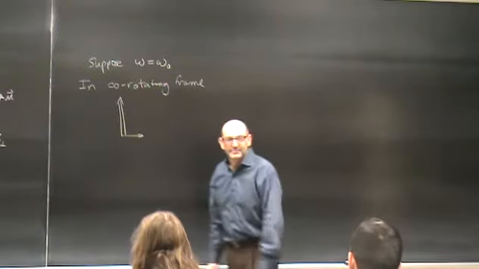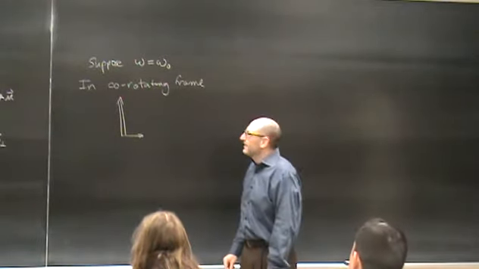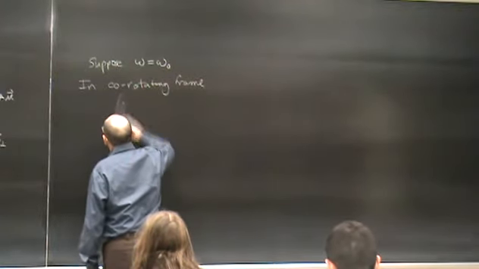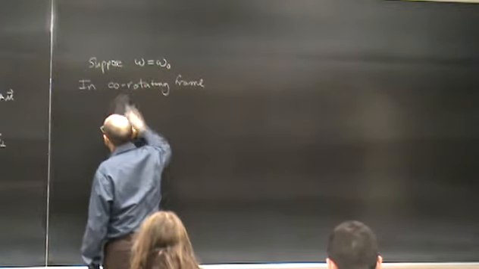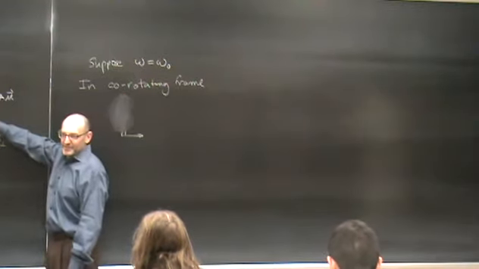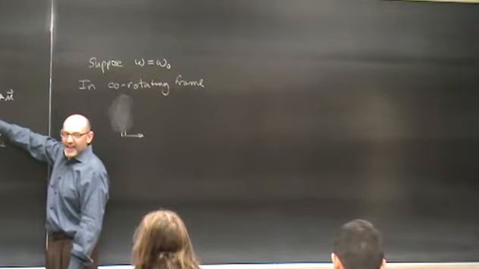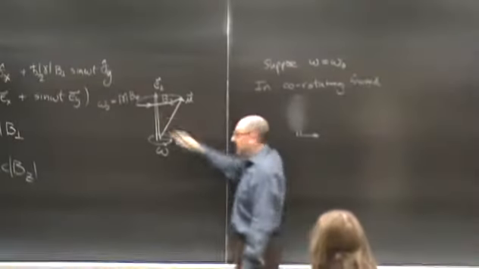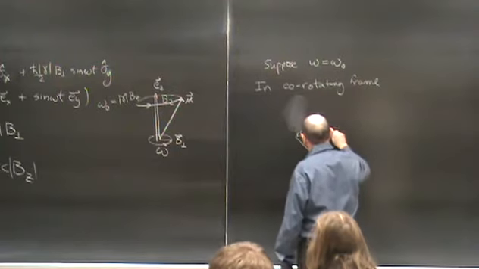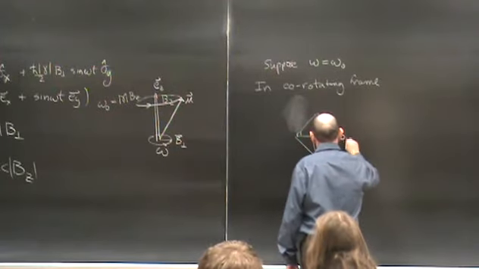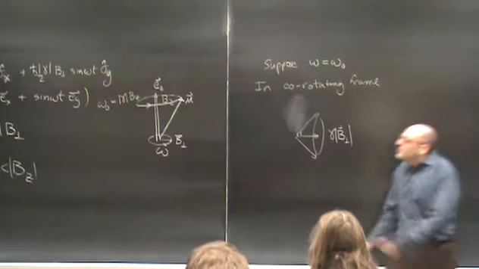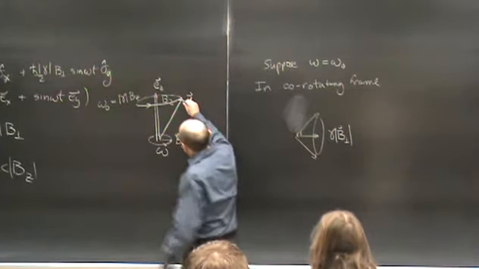In fact, as we'll see in a moment, when I go into the co-rotating frame, there's Larmor's theorem, as we described, you have to subtract out the effect of the standing field. It just sees this field, and it will just precess at that frequency. You can kind of see that, right?